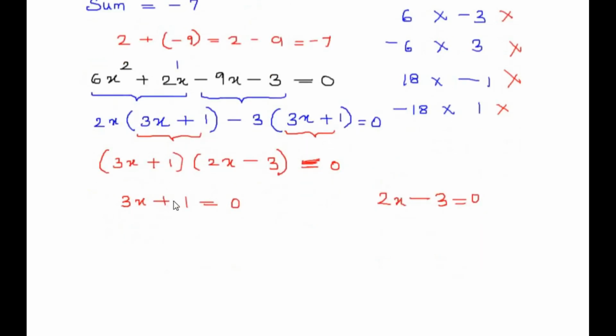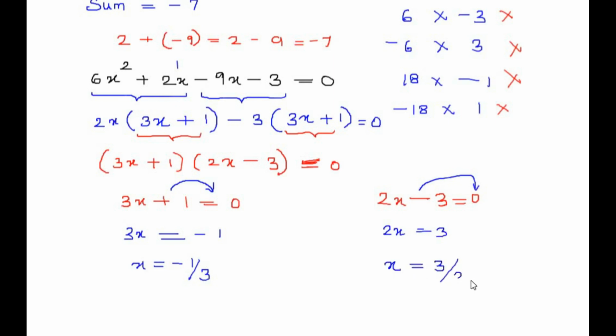So further simplifying this, let us take plus 1 on the other side of the equal to sign. So we have 3x is equal to minus 1, or x will be equal to minus 1 over 3, and here taking negative 3 on the other side of the equal to sign, we get 2x equals 3, or x equal to 3 over 2. So these are the two zeros of our equation.